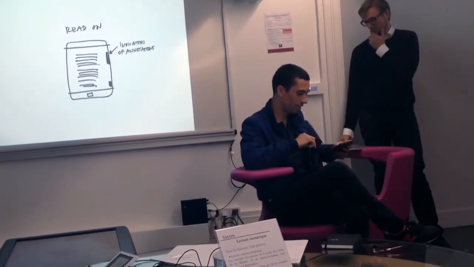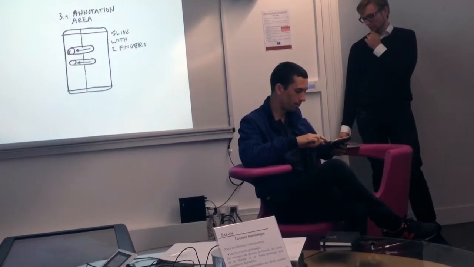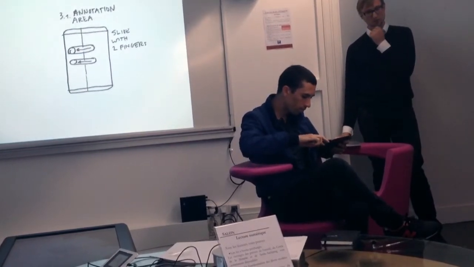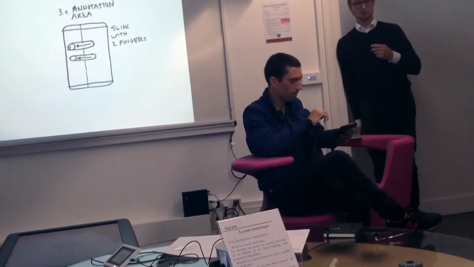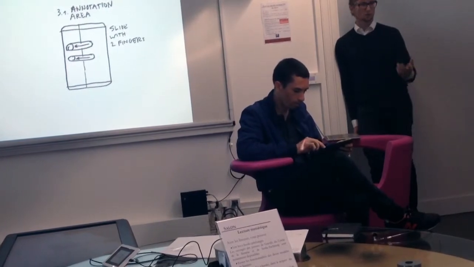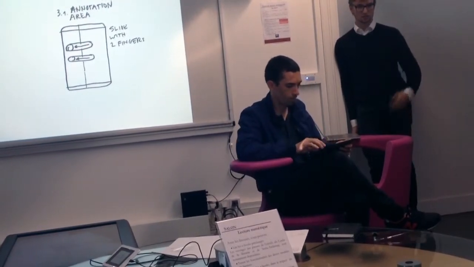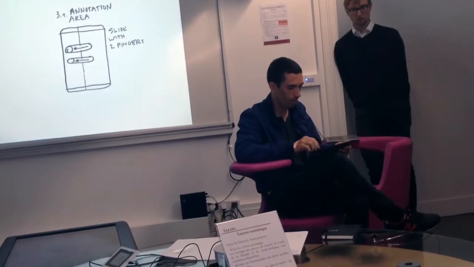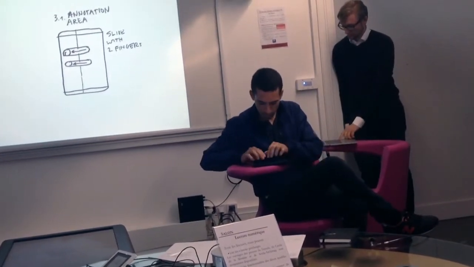He might have some indications of previous annotations, but if he wants to annotate, then he swipes, and there's this gesture that we would like to propose for revealing the space for annotations.